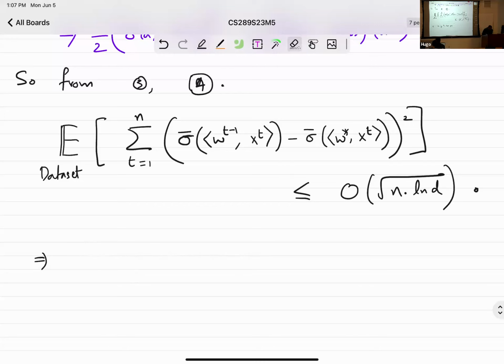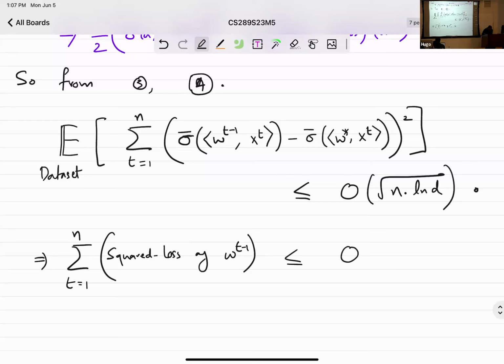Right. Okay, so first, just interpret it. This is really saying that if I add up all of the losses, then that is bounded by square root n times 1.